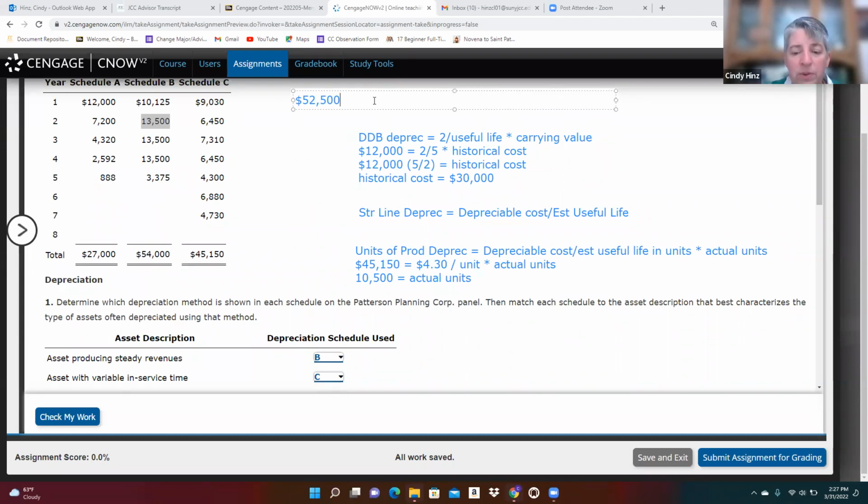In the first 2 years before we learned this information, we recorded $10,125 and $13,500. So the remaining depreciation is $28,875.